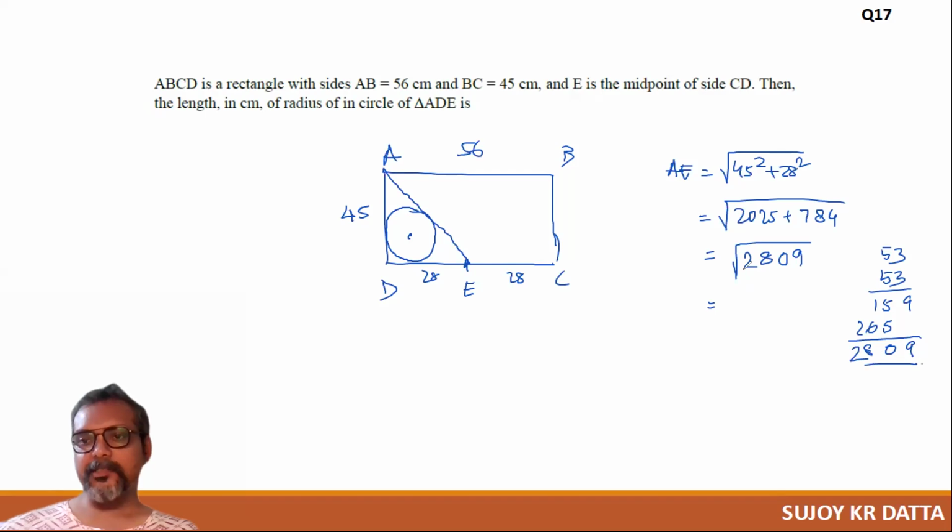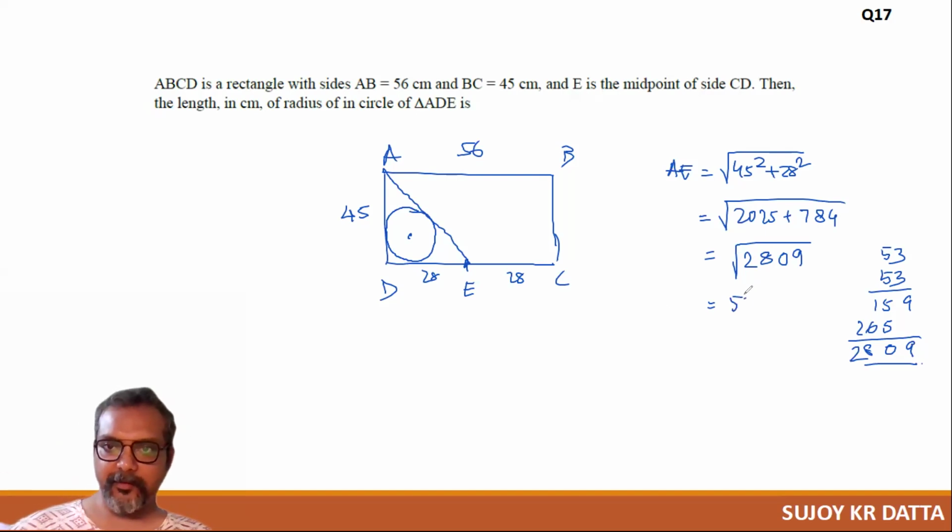Yeah, because this is greater than 2500, that means it's greater than 50. So greater than 50, we need something which ends in a 9. So 53 squared would have done it. 57 would have also done it, but that's too large. So that is 53. Now, if this is R, this would be R as well, and this is R as well.